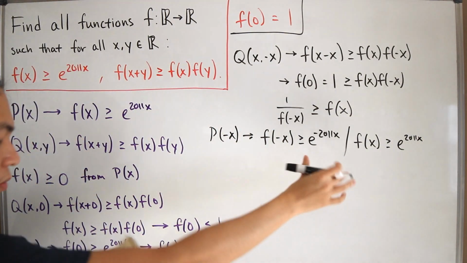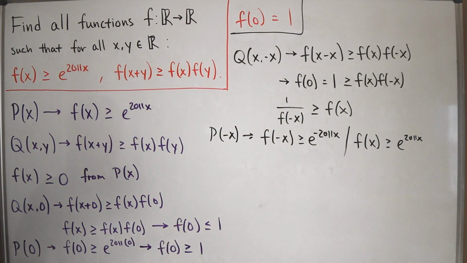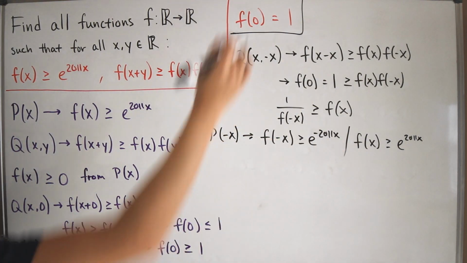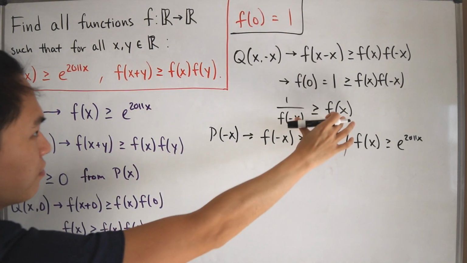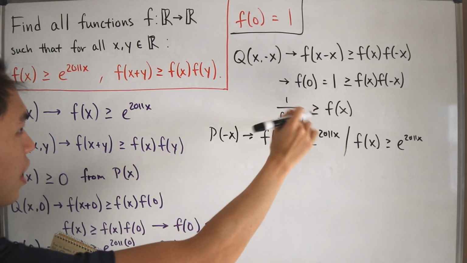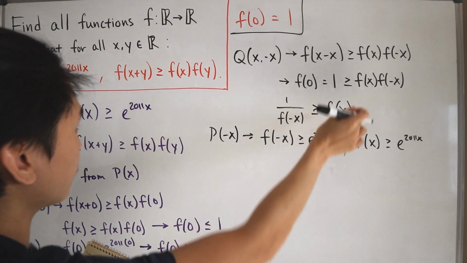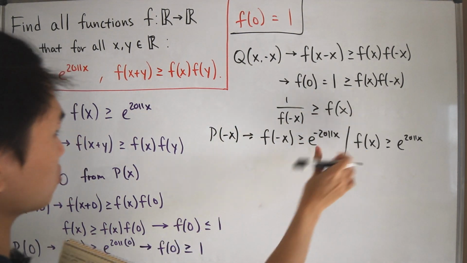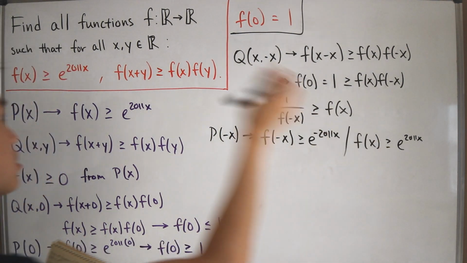So why is this important? Everything that we've done so far, we have f(0) equal to 1. We have this inequality that we showed, that f(x) is greater than or equal to 1 over f(-x). And then we have these two results, one that we just found and another one that's our given.